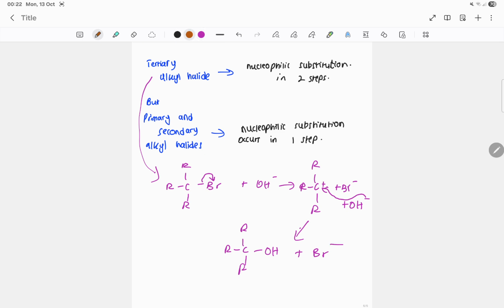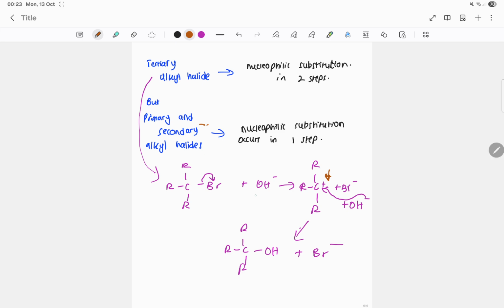So why I told you in primary and secondary alkyl halides... here a carbocation is formed because tertiary carbocations are stable. That's why this can happen in two steps, and primary and secondary alkyl halide nucleophilic substitution must occur simultaneously.